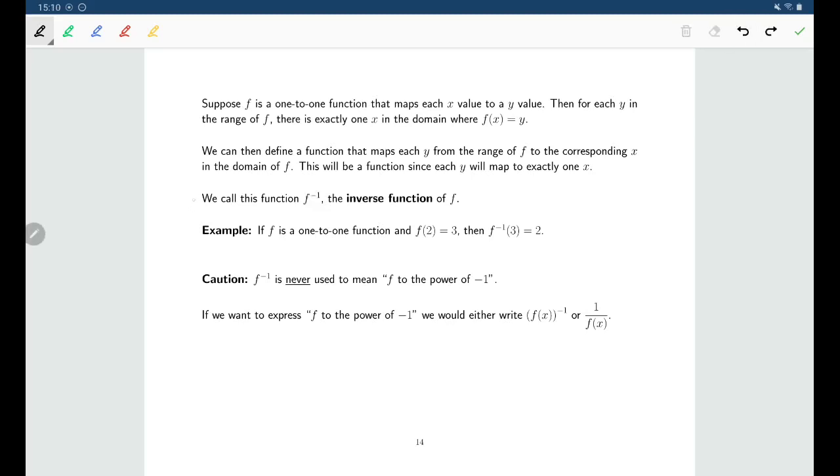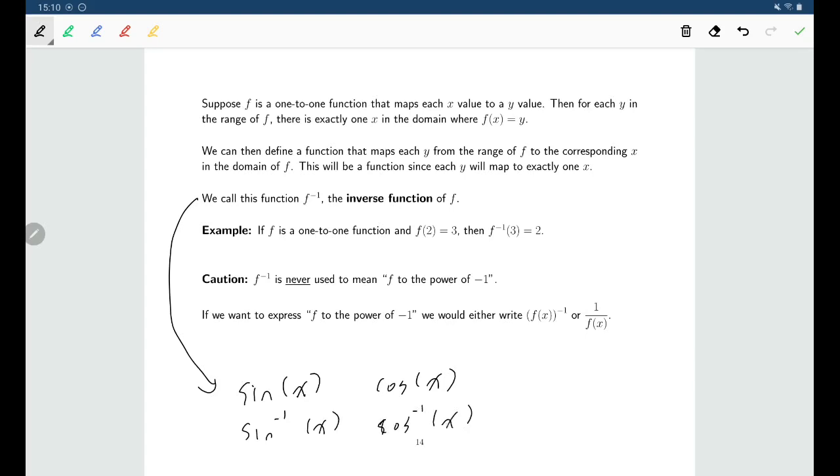This will also be true later on, by the way, when we start talking about trigonometric functions like sine of x and cosine of x, and we want to introduce inverse functions. We'll use the same sort of notation, inverse sine, inverse cosine, and so on. And for the same reason, that will also not be a power. That will represent the inverse of our function.